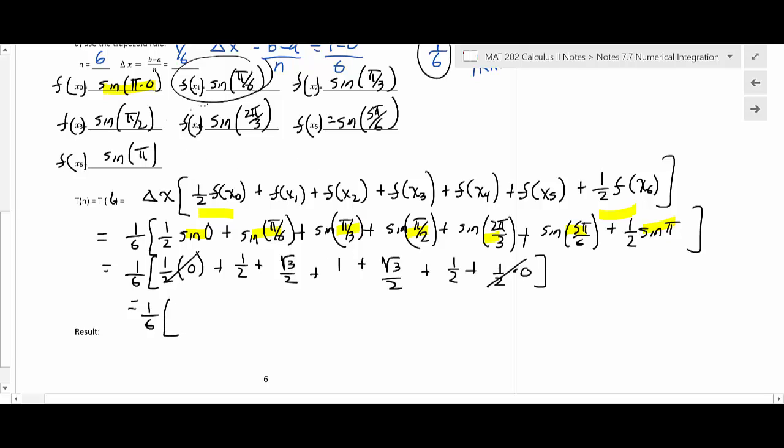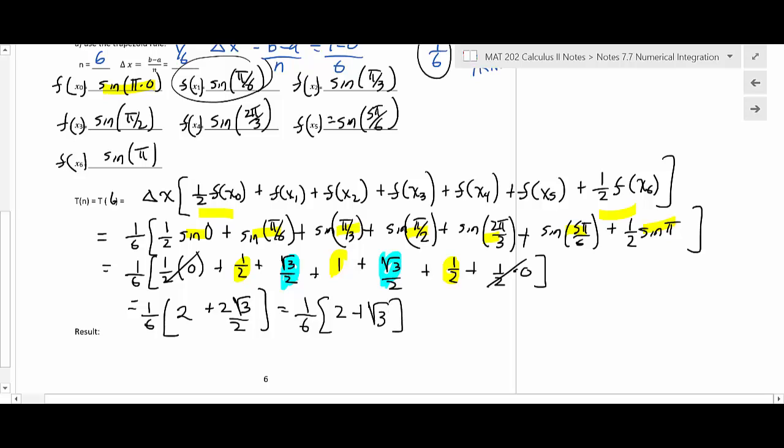Those last two things cancel out, so it looks like what we have is 1/2 and 1/2 is a whole plus 1. Those things right there make a 2. Okay, and then these two things right here would be like terms, so that would be 2 of those, so that would be plus 2 root 3 over 2. So that looks like 1/6 times 2 plus root 3.